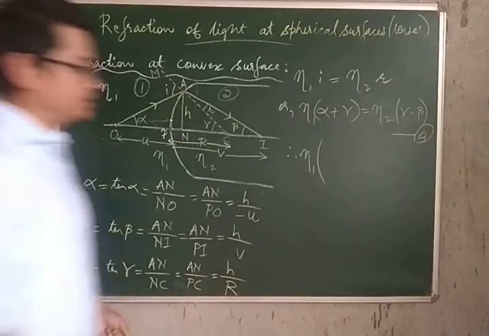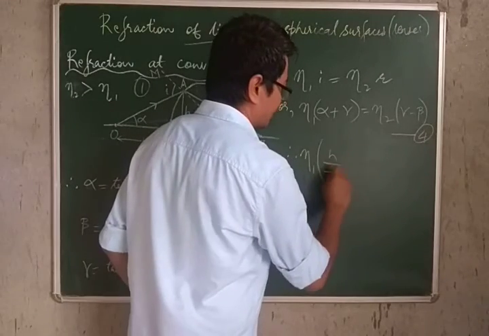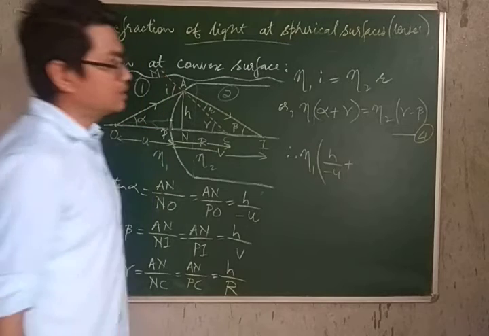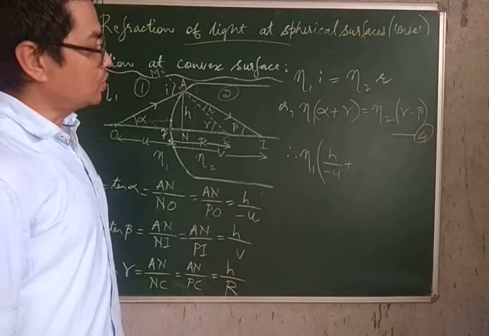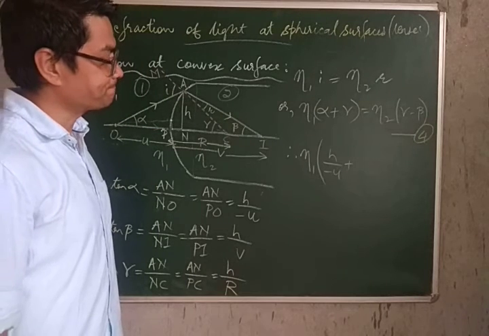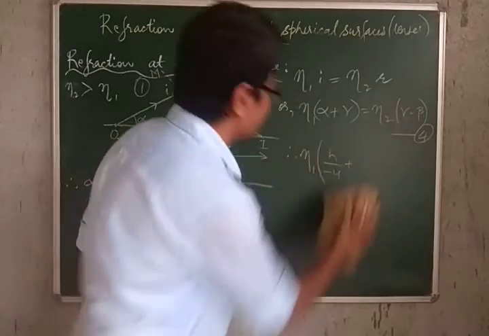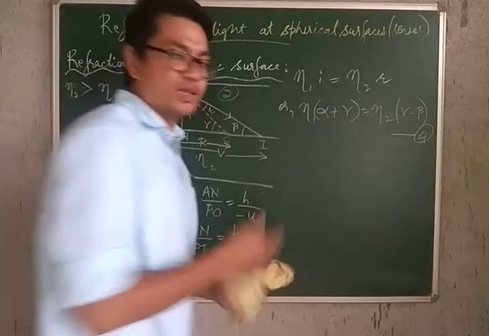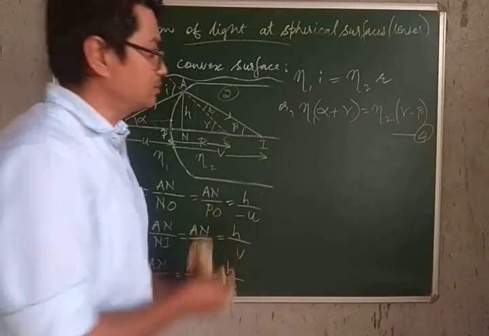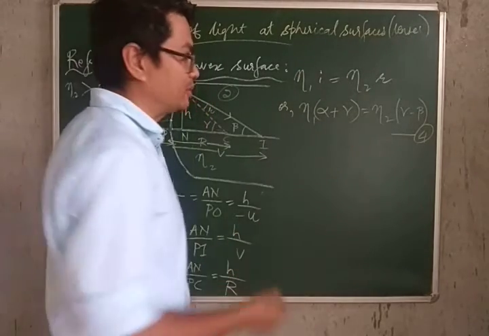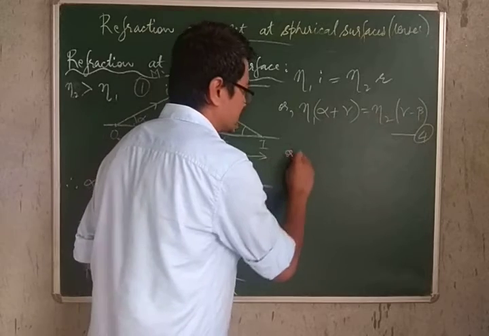Alpha is h divided by minus u. But we could have done a bit of rearranging. You can do it after substituting the values also, but before substituting I think it would be more convenient.